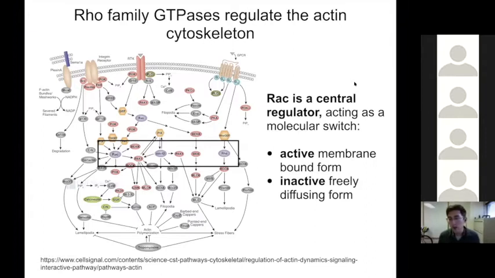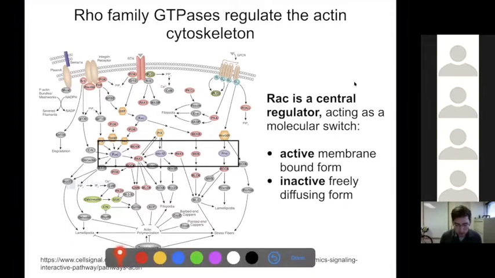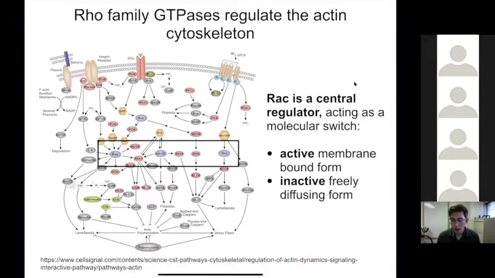And at the core of that, there's a series of central regulators, GTPases, Rho family GTPases, that act as little molecular switches. So they switch between an active and inactive form. When they're active, they're actually bound to the membrane, and then their downstream effectors take place. So for example, when this protein Rac is on, all of the good stuff gets activated downstream of it, and the cell starts to polymerize actin and actually expand. And when it's turned off, well, it's just turned off.